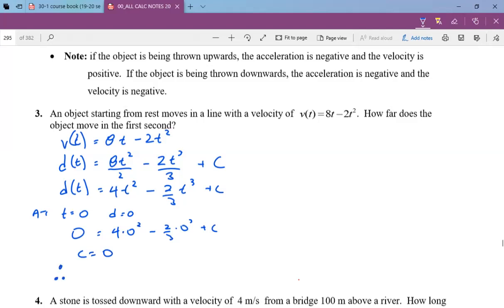Therefore, d of t is equal to 4t squared minus 2/3 t cubed plus 0. How far does the object move in the first second? So therefore, we are needing d of 1.